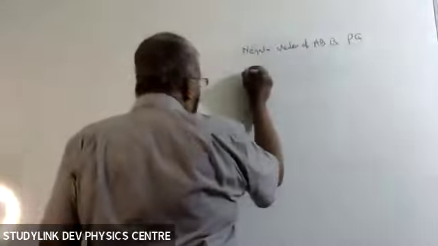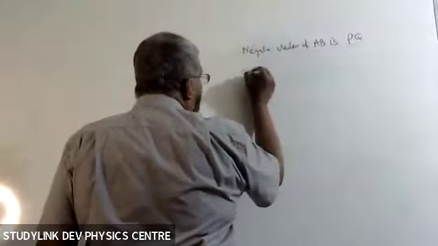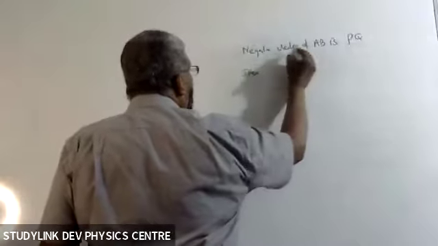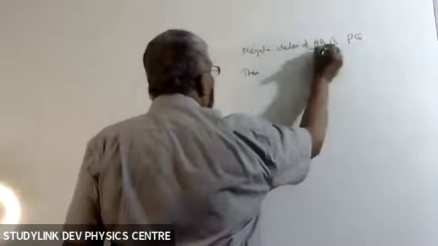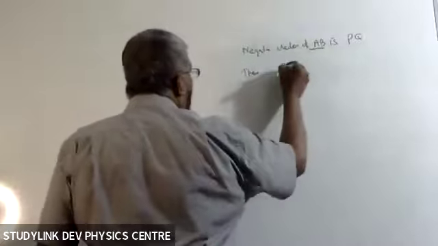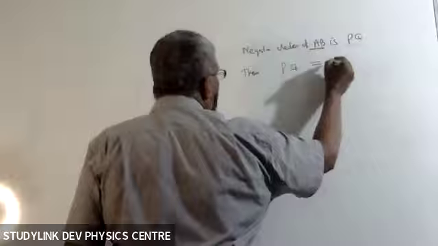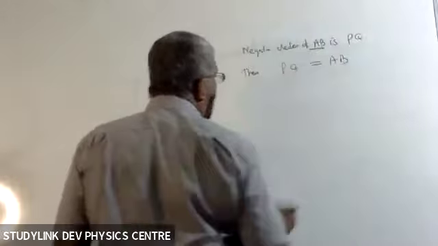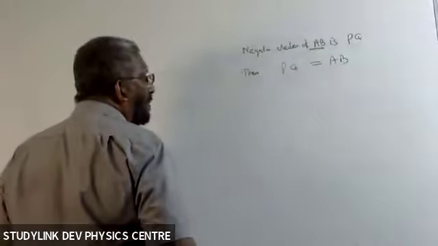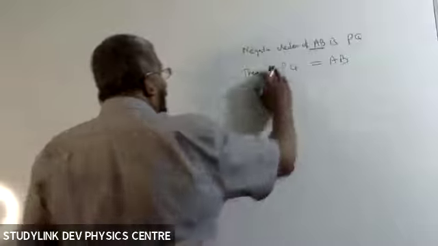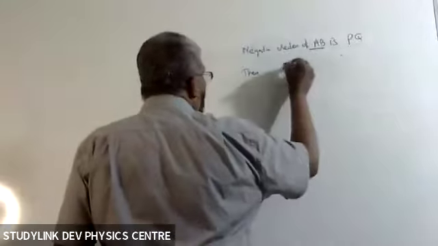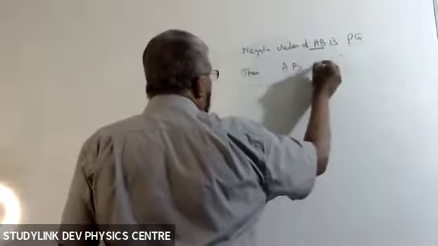Then the negative vector of AB, PQ is equal to AB. Or we'll write out AB is equal to PQ.